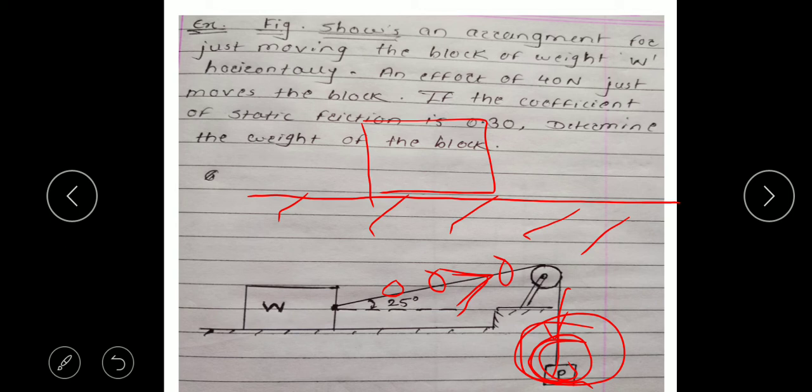Whatever the 40 amount is here, the same amount will be transferred through this rope. That 40 amount will be present at each point of the rope. So instead of considering the P vertically, we will consider the force here again in the same way.